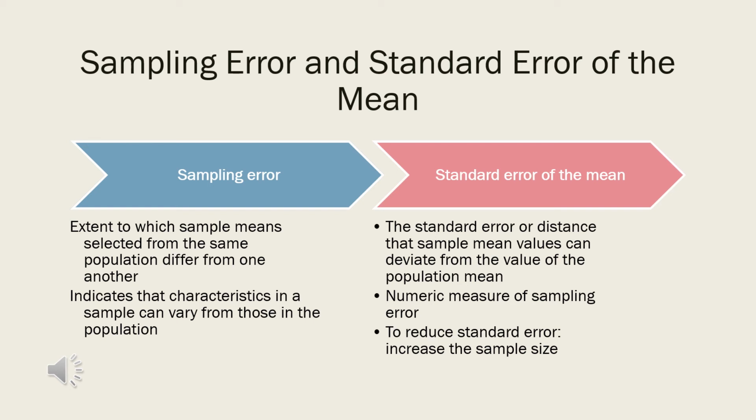So if we look at the relationship between standard error and standard deviation, standard deviation describes variability within a single sample, while standard error describes variability across multiple samples of a population. Standard deviation is a descriptive statistic that can be calculated from sample data, while standard error is an inferential statistic that can only be estimated.